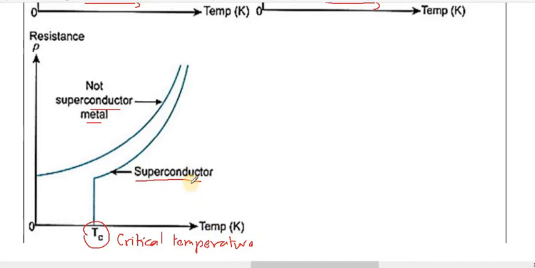Only then can the material turn into a superconductor. But of course, not every material can become a superconductor, only certain materials. Okay, but the critical temperature is extremely low.